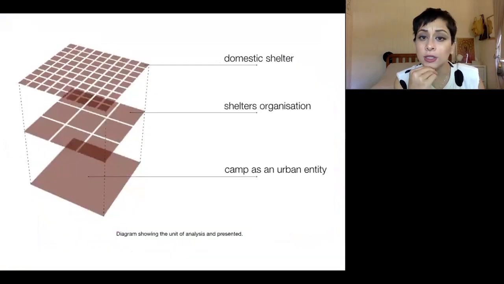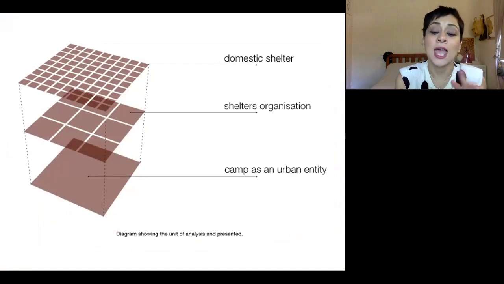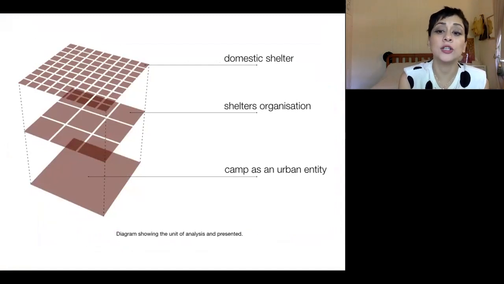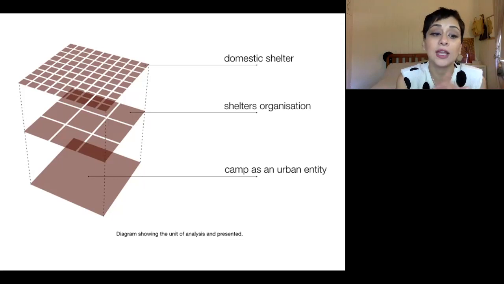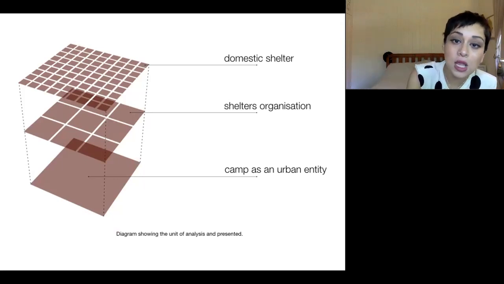So when I looked at the refugee architecture, my methodology was designed according to architectural phenomenology, and in very simple words, I was collecting observations based on my perceptions of the architectural space that I experienced on several levels.